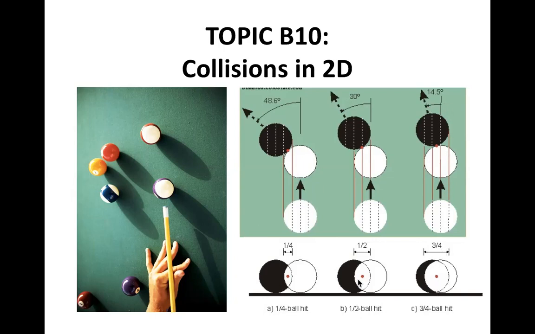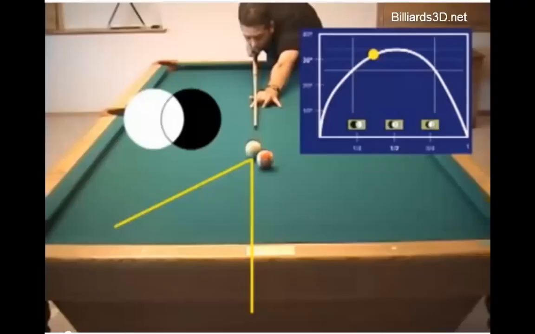Subtract another quarter, you get 30 degrees. And if you subtract another 1/4, you get about 45 degrees. So it's not exactly linear, but there are many resources if you want to read up on the mathematics of pool.